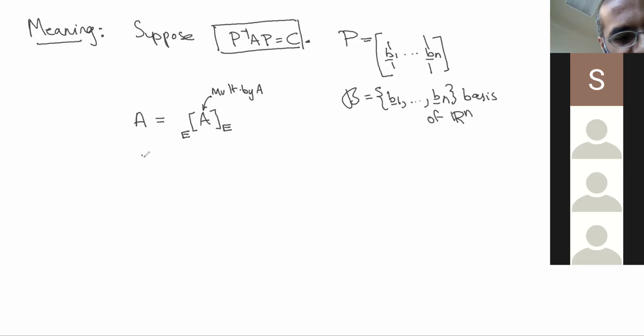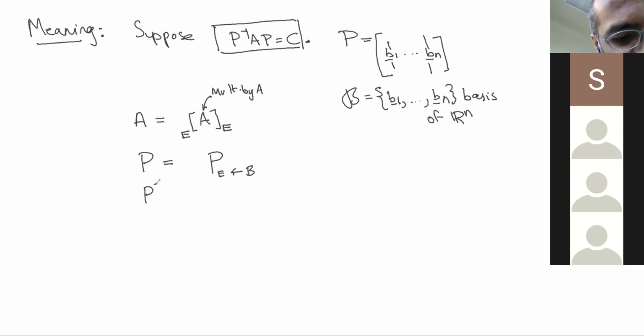Now, what about this matrix P? If I put a bunch of basis vectors in the columns of a matrix, then when I multiply that matrix by a vector, I'm just taking a linear combination of those columns. So what I'm really doing is changing coordinates from a B coordinate vector to the standard basis E, because b1 through bn are just vectors written in standard coordinates, but they're the basis vectors of the B basis.